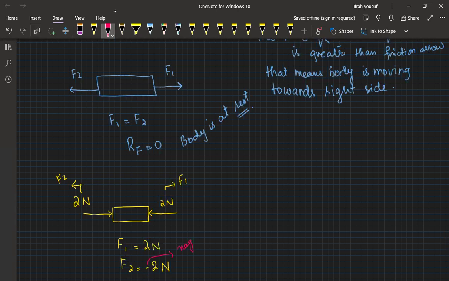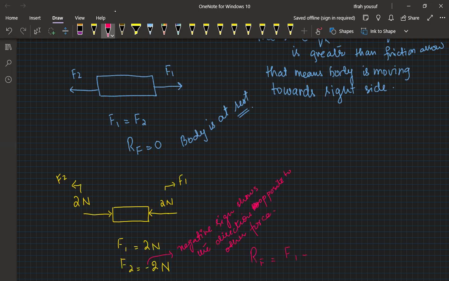This negative sign shows the direction, that it is opposite to the other force. Right? So if I ask you to add them, it's going to be the resultant force RF.